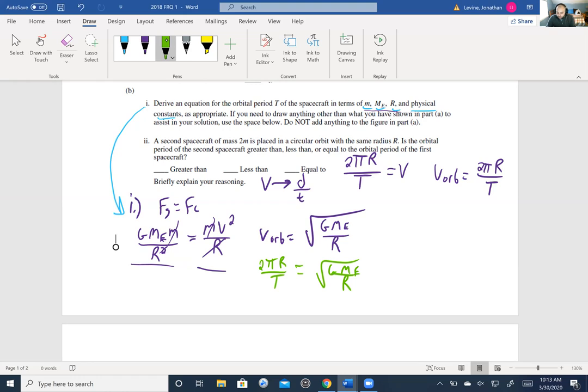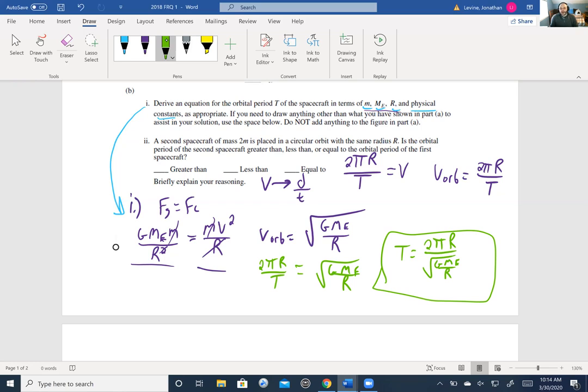Then, moving things over, t is equal to 2 pi r over the square root of g m e over r. Technically, we don't have to simplify that any further, because we have an expression solved for t in terms of our physical constants. So that's really our final answer. It's ugly, but it works.